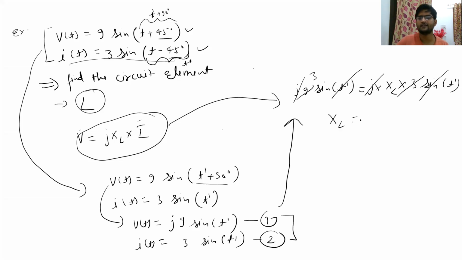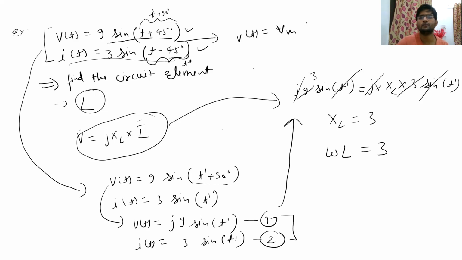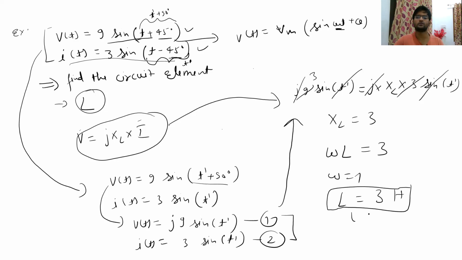So we will have XL is equal to 3. Now what is the value of XL? In the case of an inductor, it is nothing but omega L, which will be equal to 3. If you analyze this equation and compare it with Vt is equal to Vm sine (omega t plus theta), you will find that this omega value is nothing but 1. So since omega is equal to 1, we will have L is equal to 3 Henry. So this is our answer. Our circuit is an inductive circuit whose value is 3 Henry.